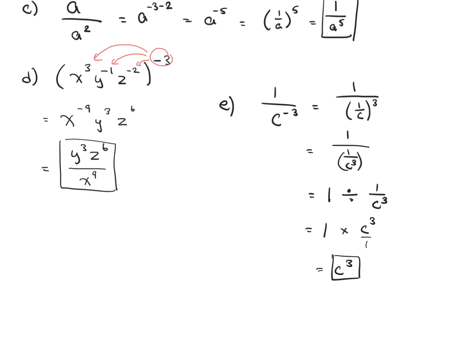I would suggest you try to just kind of visually remember this pattern. Whenever you have a negative exponent in a fraction, just send it to the other half of the fraction and change the exponent to positive. Okay, so I'm going to actually write that down.